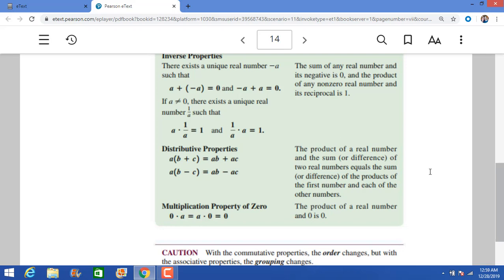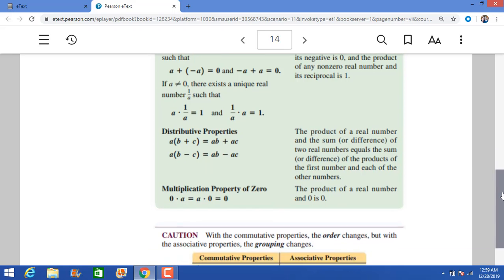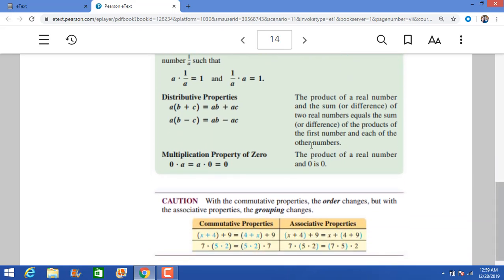Now the distributive properties. The distributive property works for both addition and subtraction. The distributive property means that we can distribute the A across addition or across subtraction.